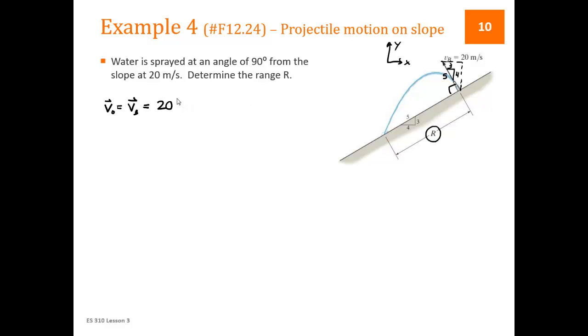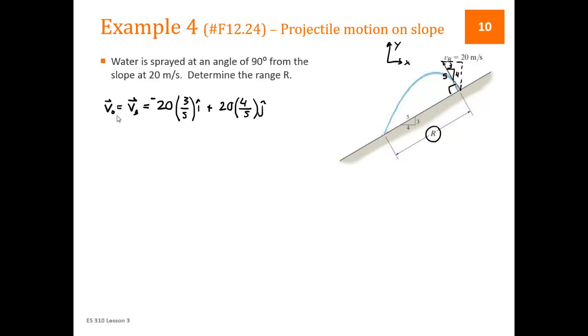So x and y. Alright, so 20 is our magnitude. The x part is going to be 3/5 i hat, and the x part of this is going to be going in the negative direction. Right, the y part is going to be in the positive direction, magnitude still 20, and it's 4/5 gives us our direction.